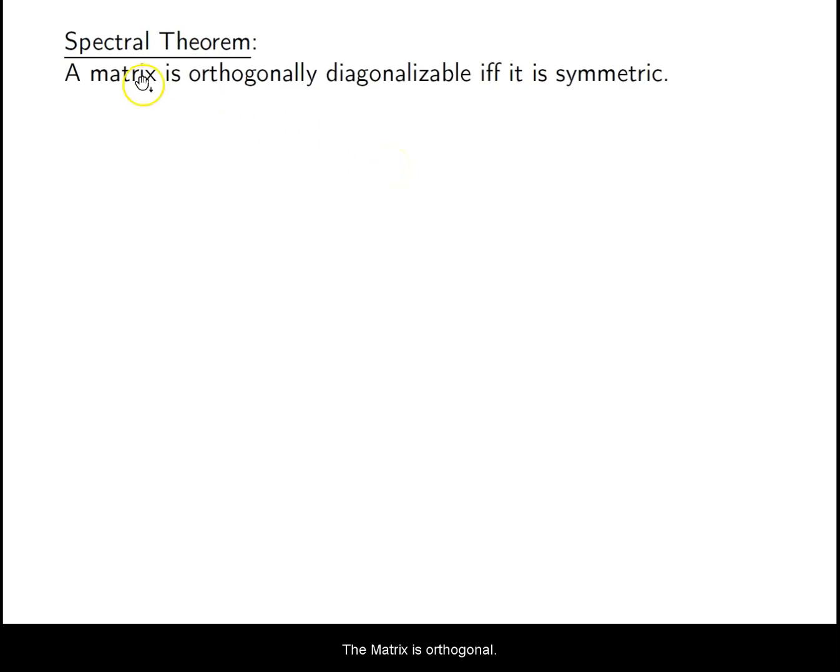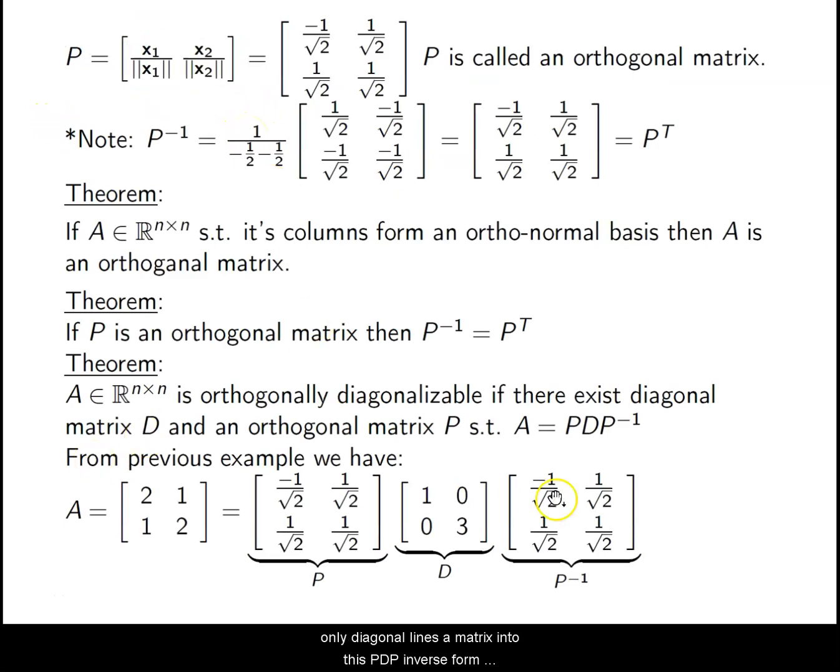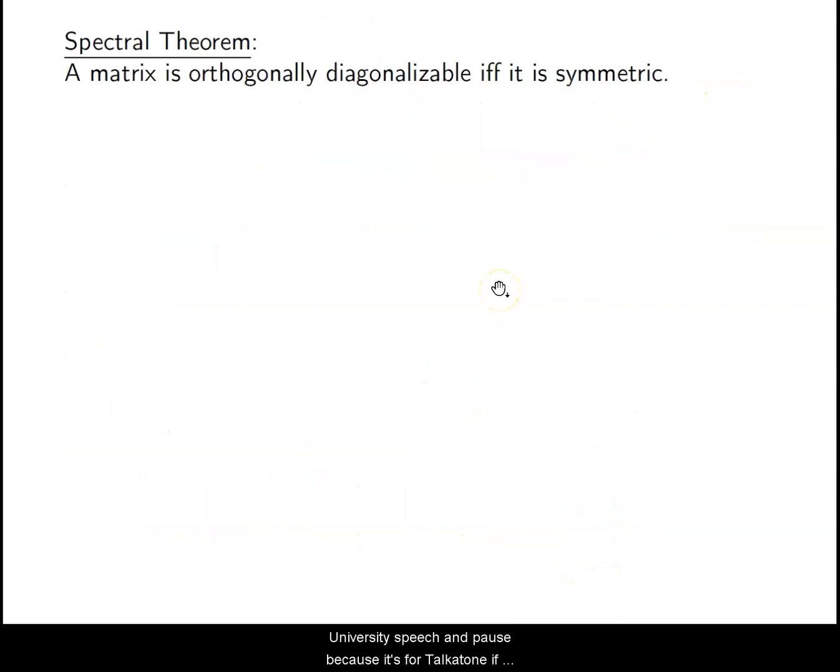Okay, so a matrix is orthogonally diagonalizable if and only if it is symmetric. So we can only diagonalize a matrix into this PDP inverse form, where P is an orthogonal matrix, or orthonormal, right? And where P inverse is P transpose because it's orthogonal, if the matrix you're decomposing was symmetric.